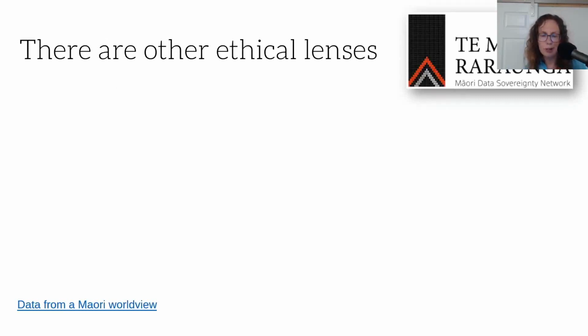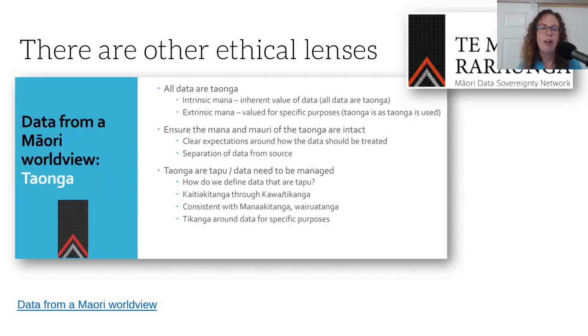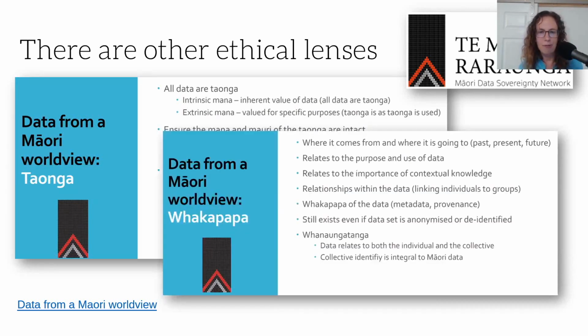And as someone brought up earlier, that was a very Western-centric intro to ethical philosophy. There are other ethical lenses in other cultures, and I've been doing some reading, particularly on the Maori worldview. I don't feel confident enough in my understanding that I could represent it, but it is very good to be mindful that there are other ethical lenses out there.